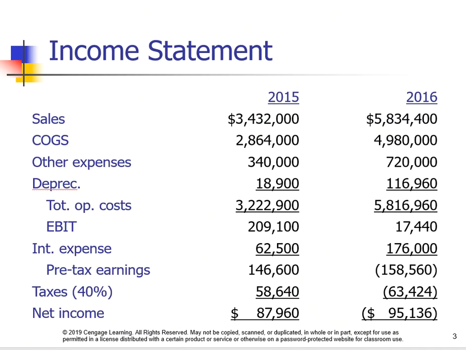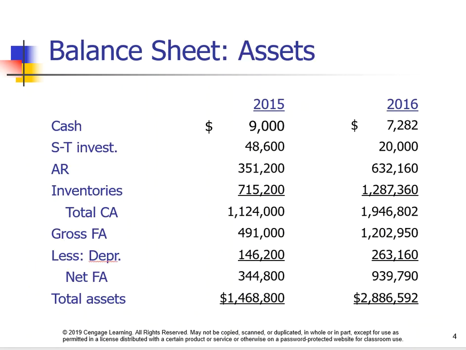So starting with the income statement at the bottom of page 97, we've got 2 years of income statements here. You can see that even though sales increased by a lot, 2.4 million in 2016, they lost money. But the real question is, is there any cash coming out of this company?